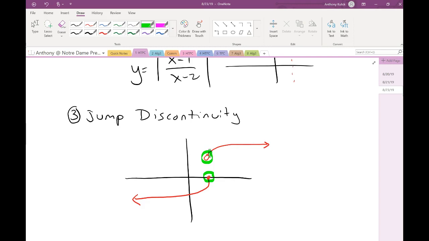Yes, that would be okay, but they cannot both be closed. If they were both closed, it would not be a function. You'd fail the vertical line test at that specific location. But they could be both open. That is okay.